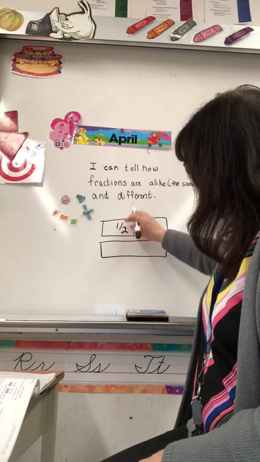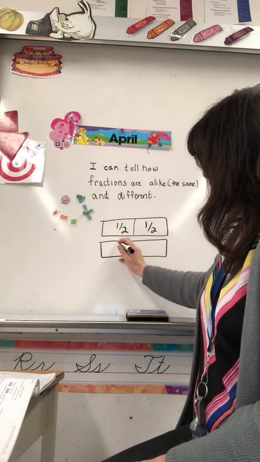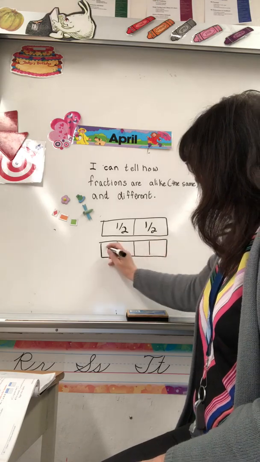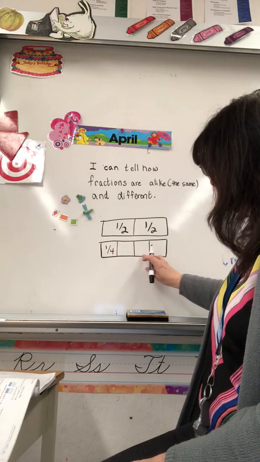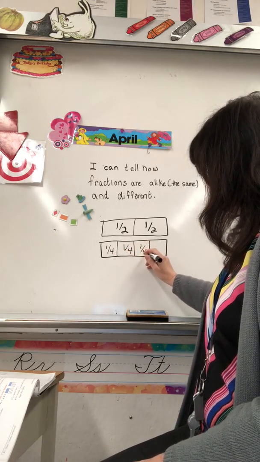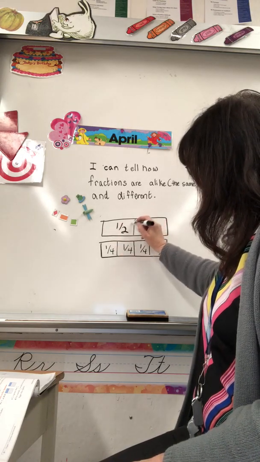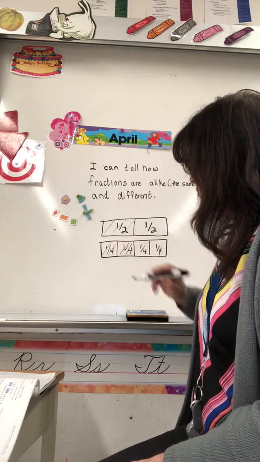I've got the 2 because I've got 2 parts, right? And if I were to chop it into quarters, there's 1/4, and I have to have a 4 because I've got 4 parts. Here's another quarter, and another quarter. You can see that 1 half is the same as 2 quarters.